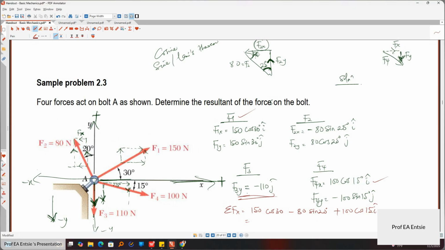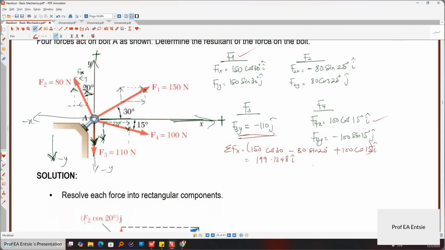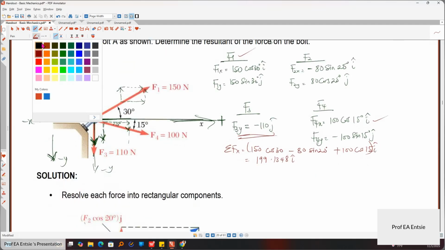All this one is in i. You get 199.1348 i.